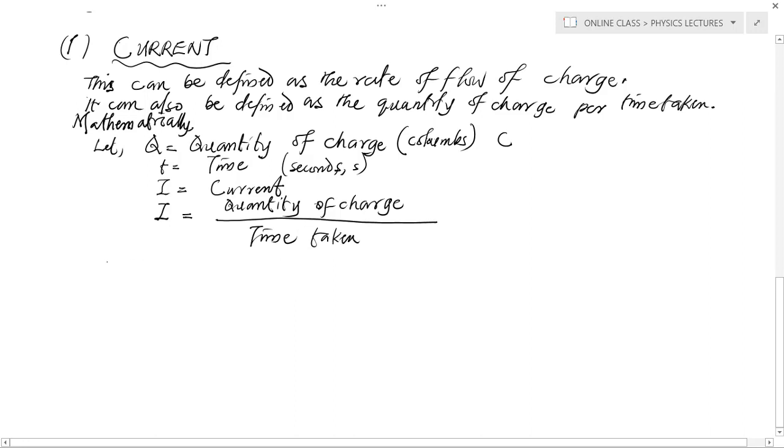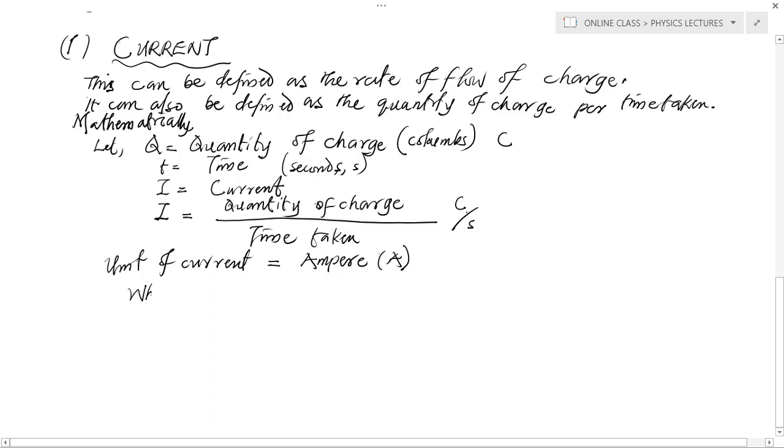Now, what is the unit of current? The unit of current is ampere, written as capital letter A. Charge is measured in coulombs and time in seconds.